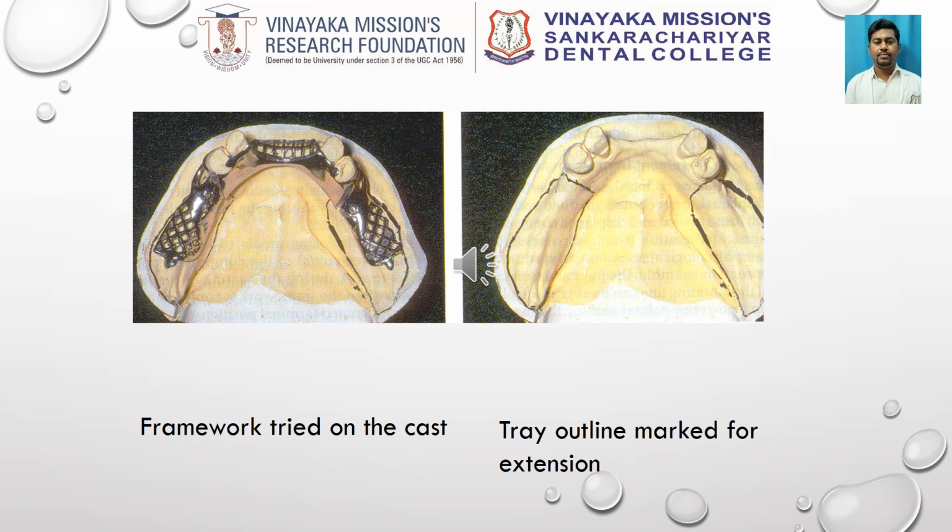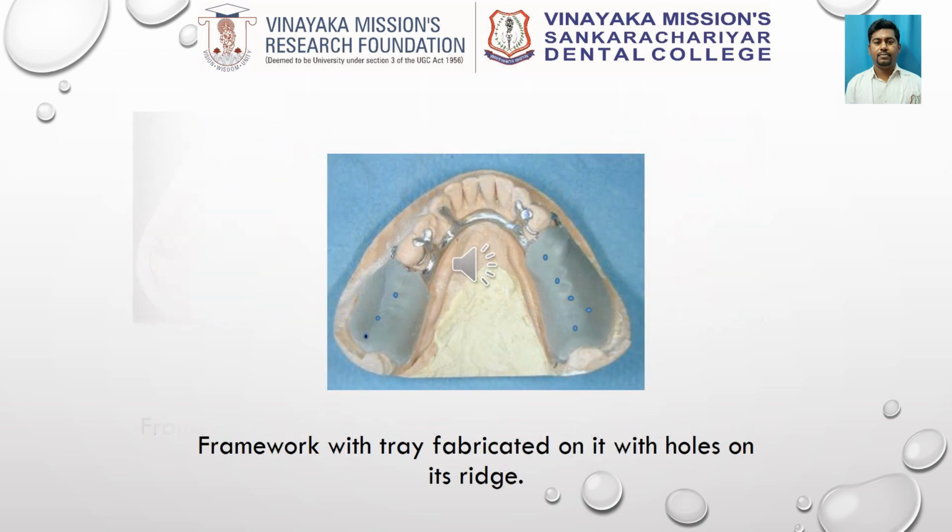After recovering your primary cast, the framework is tried on the cast. The outline of the framework is marked for the extension, and on top of this framework, an acrylic custom tray is made. Here we can see a framework with a custom tray fabricated on it with holes on its ridge. If you look at the orientation of the relief holes, it is all directed at the crest of the residual alveolar ridge.